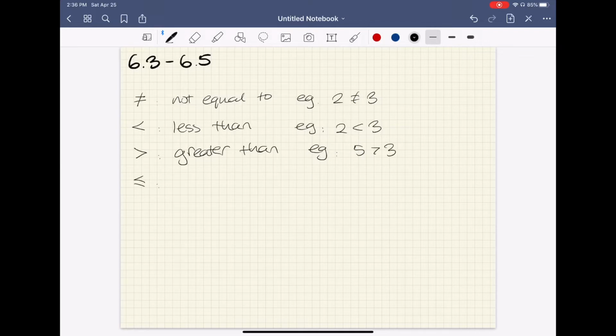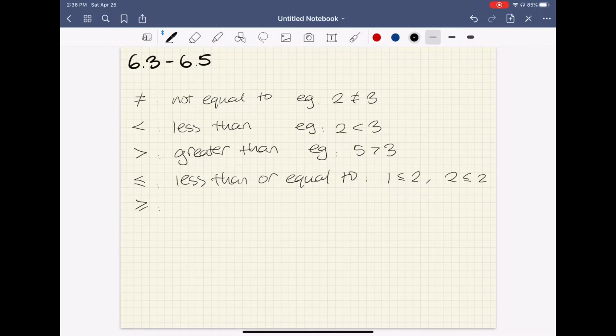Less than or equal to. For example, 1 is less than or equal to 2, and 2 is less than or equal to 2.